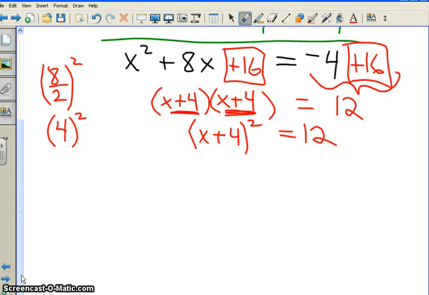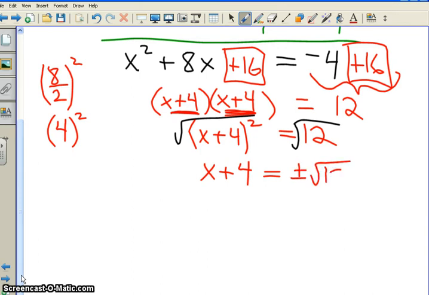And now I can get rid of that square from the parentheses by taking the square root on both sides. Opposite operations. Leaves me x plus 4 equals plus or minus radical 12.